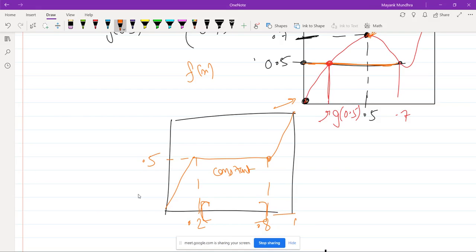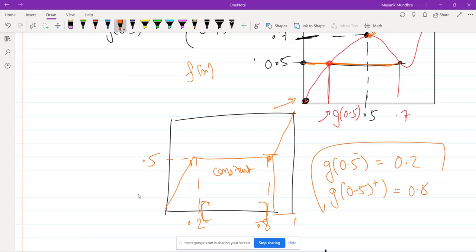So g(0.5) minus, something less than 0.5, is going to be 0.2, the minimum x at which f takes the value 0.5, and g(0.5) plus is going to be 0.8.